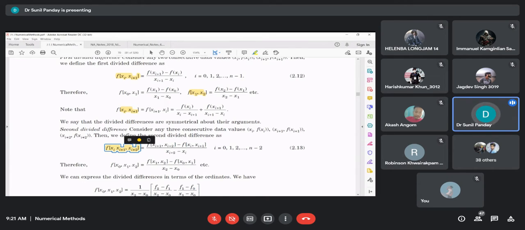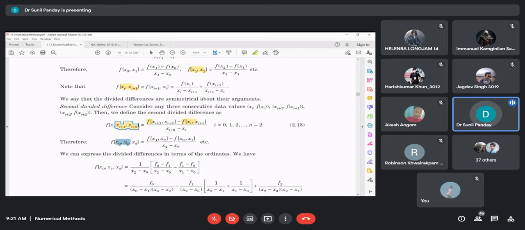Now the second order means three arguments: xi, xi plus 1, xi plus 2. First we have the first order divided difference of the last two in the numerator, minus the divided difference of the first two, xi and xi plus 1, and then the denominator is the third argument minus the first argument, xi plus 2 minus xi.